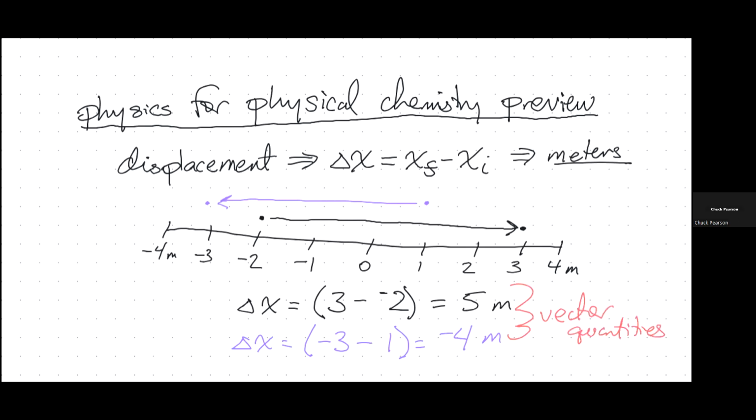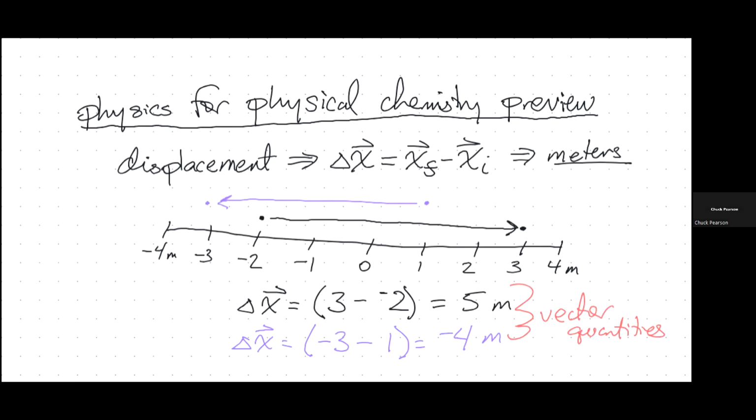And sometimes you will actually see these values have little arrows over their heads, which imply the vector nature of the motion. I won't do that all the time here because those symbols can get really superfluous. And we don't deal with a whole lot of vector quantities in chemistry.